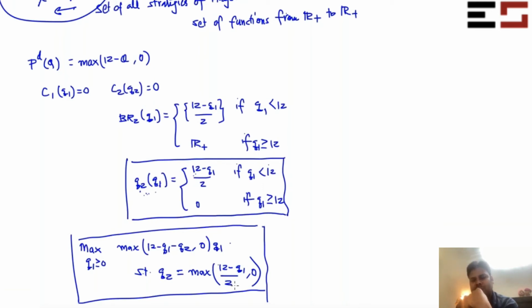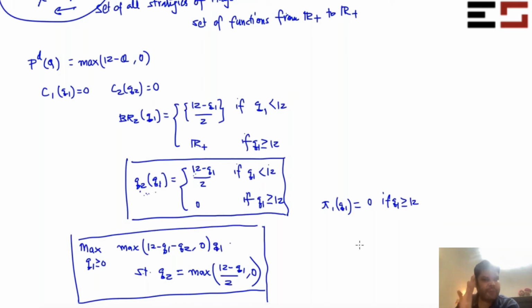If Q1 is more than 12, then Q2 will be 0, and then the price will be 0, and if price is 0, then revenue will be 0. So I know that my profit from playing Q1 is 0 if Q1 is greater than or equal to 12.